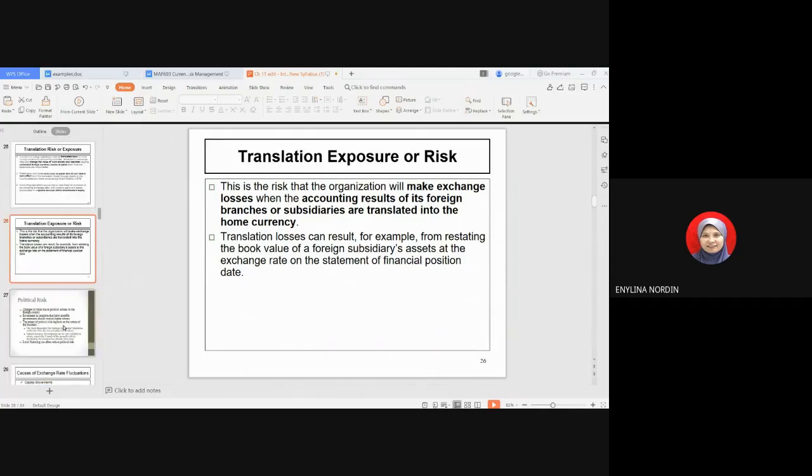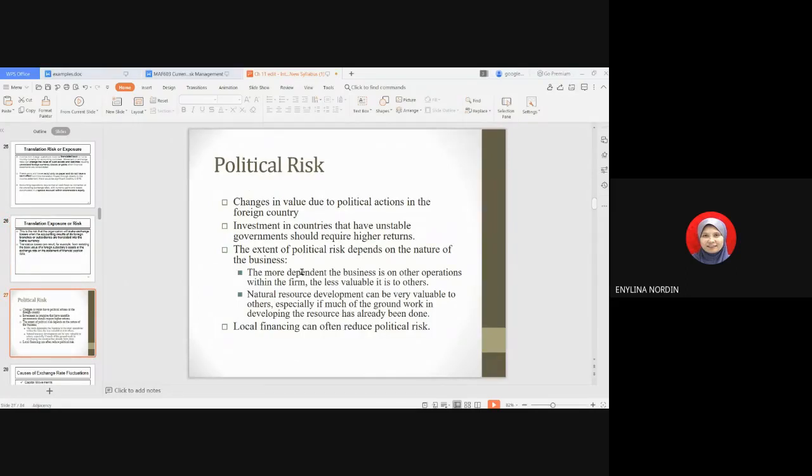Okay, another risk that makes the exchange rate fluctuate is what? Political risk, changes in value or in the exchange rate due to political actions or political changes in the foreign countries, right? Like in our country here, it's not really politically stable. So most probably this unstable situation will affect it.